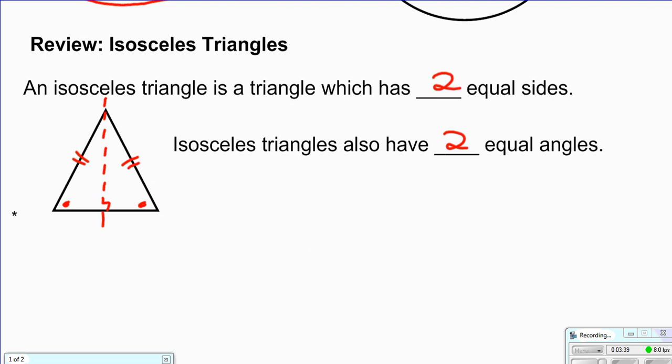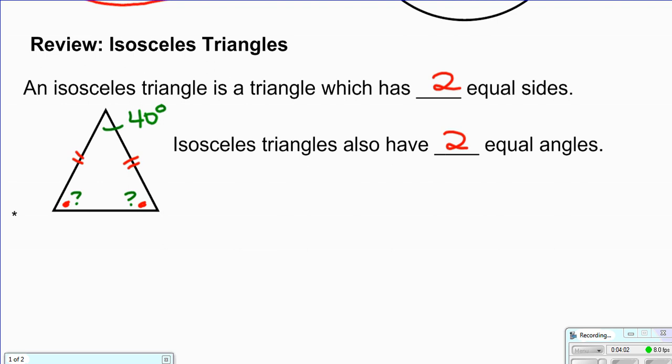Okay, so if we said, for example, that this top angle is 40 degrees, and I said, okay, what are these bottom angles equal to? Well, we know that they have to be the same.